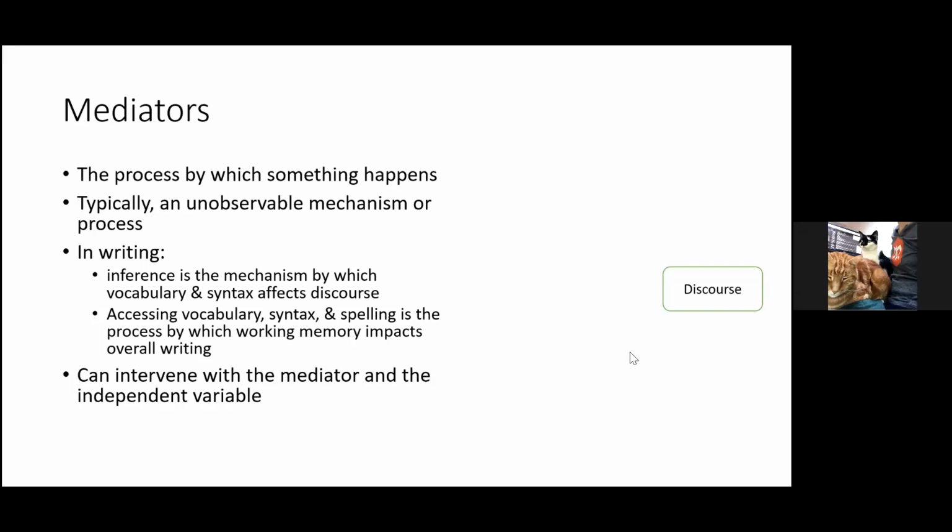So let's try to apply this mediation concept to writing. When we're looking at the discourse, we know that our whole essay is composed of vocabulary words, the words that we're trying to produce, and putting those words into sentences. And those sentences get put together into the discourse. But there are things that are mediating our ability to put those words and sentences together.